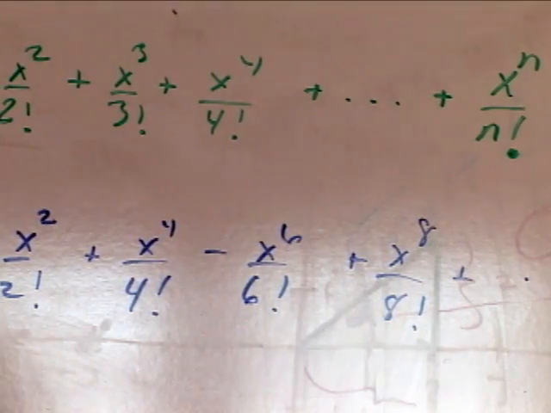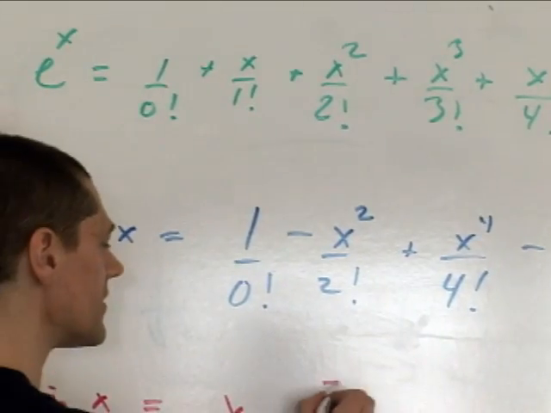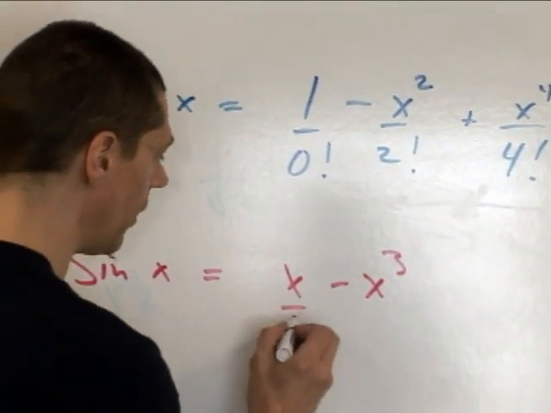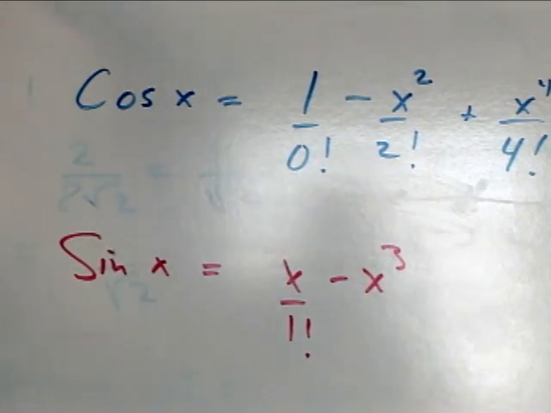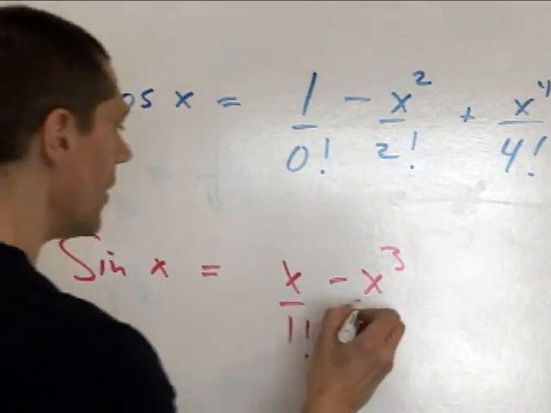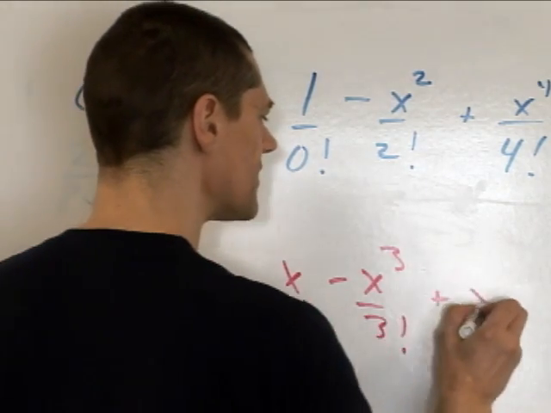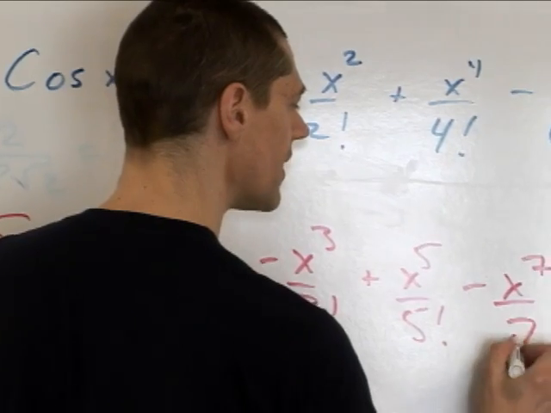And sine of x is going to be x minus x cubed, and this x is x over 1 factorial. 1 factorial is just 1, so 0 factorial is 1, and 1 factorial is also 1. Over 3 factorial, plus x to the 5th over 5 factorial, minus x to the 7th over 7 factorial.